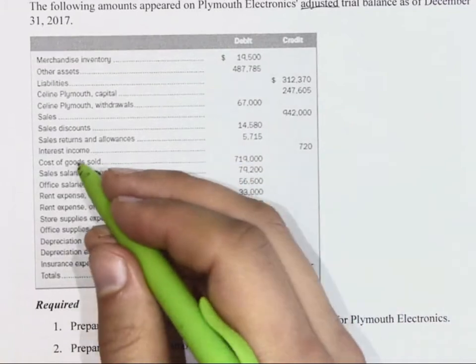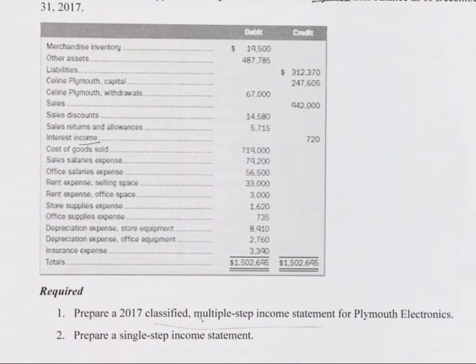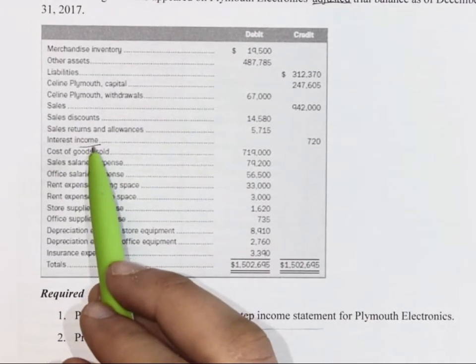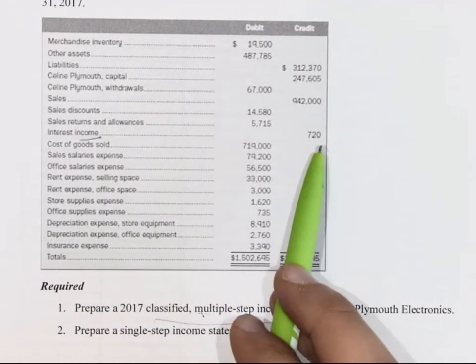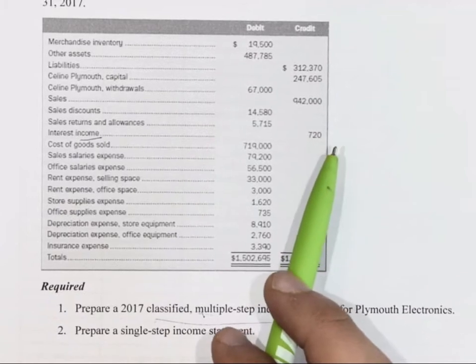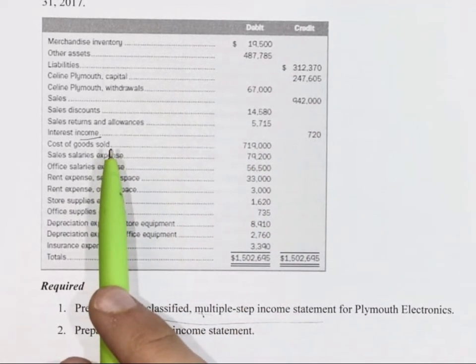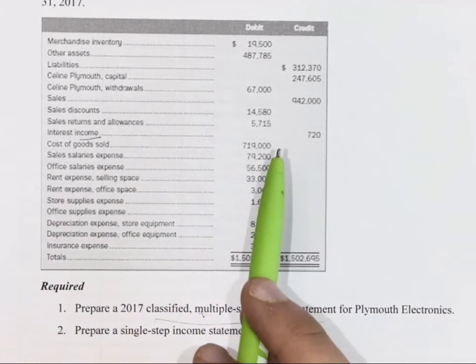Interest income. So if someone were to buy the store, would they have the cash that's collecting income from some sort of loan or some sort of savings plan? They wouldn't.